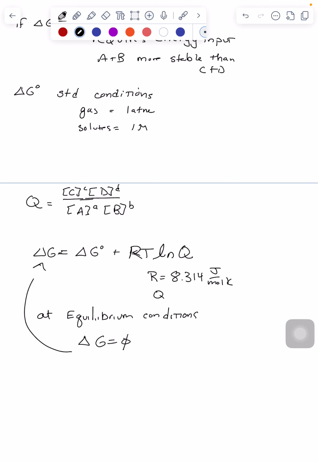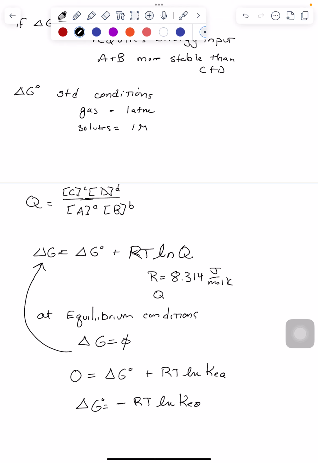And when we put that in here, 0 is equal to the free energy under standard conditions plus RT times the natural log of Q. And under equilibrium, Q is the same thing as KEQ. We can move over and isolate the free energy under standard conditions, and what we will get is that it's equal to negative R times T times the natural log of KEQ.